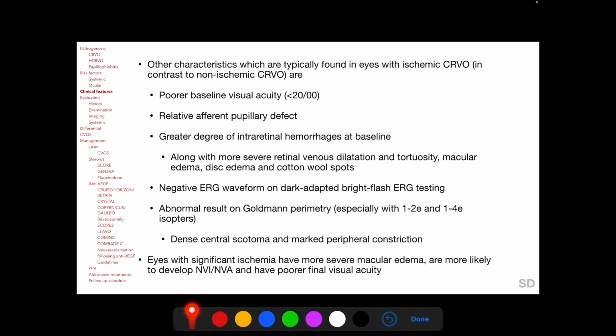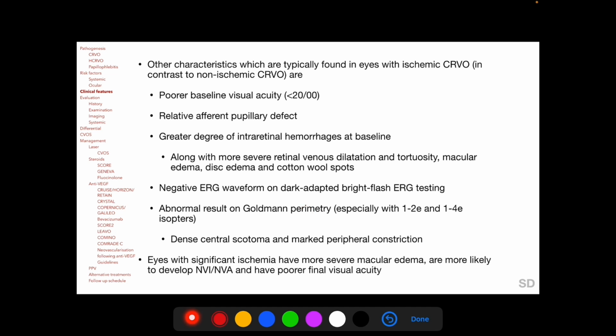In addition to fluorescein angiography, which was used by CVOS to classify CRVO into ischemic and non-ischemic types, other clinical and diagnostic characteristics can also help us to differentiate between ischemic and non-ischemic CRVO. And these characteristics, which are typically found in eyes with ischemic CRVO in contrast to eyes with non-ischemic CRVO, are poorer baseline visual acuity, relative afferent pupillary defect, greater degree of intraretinal hemorrhages at baseline, negative ERG waveform indicating dysfunction of the inner retina, and dense central scotoma and or marked peripheral constriction on visual field testing.